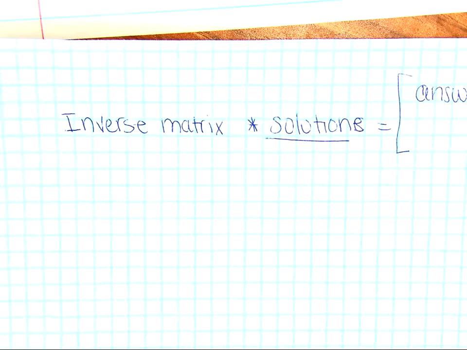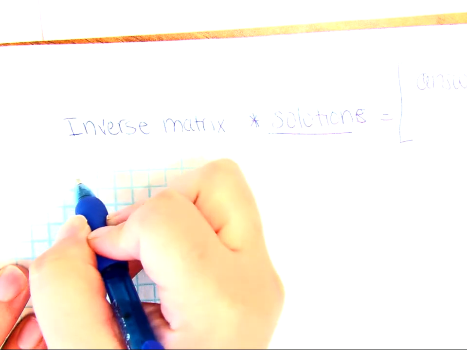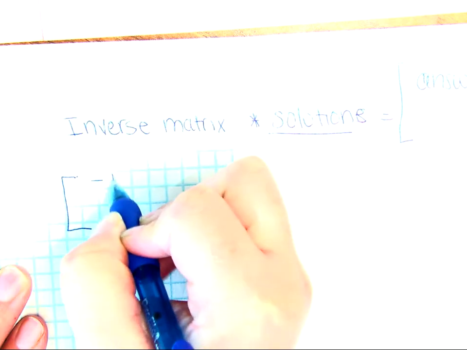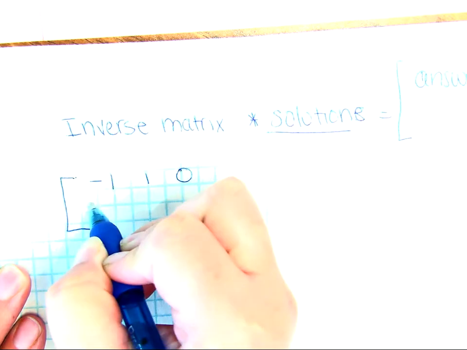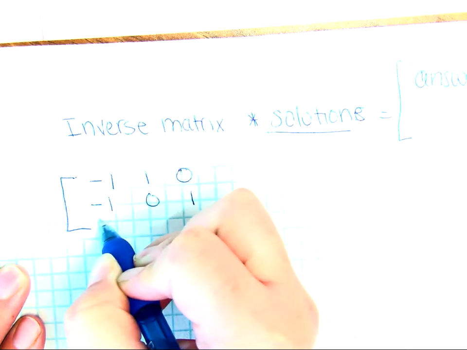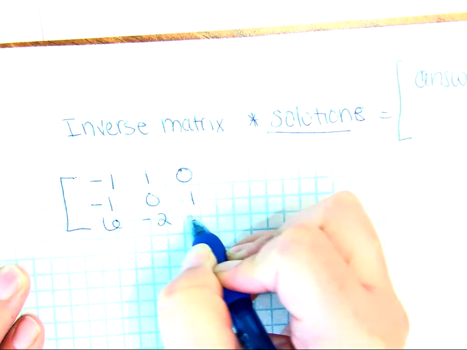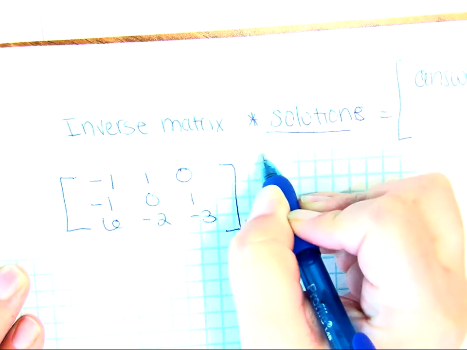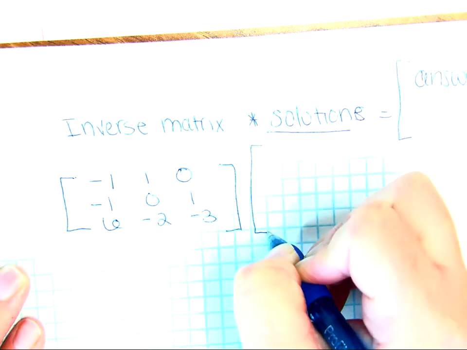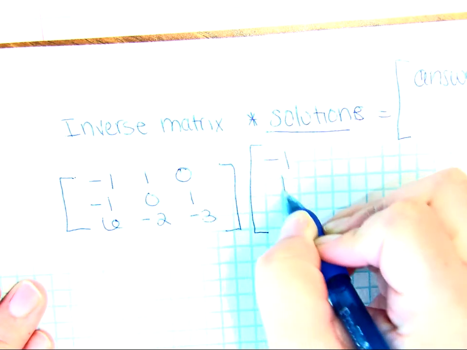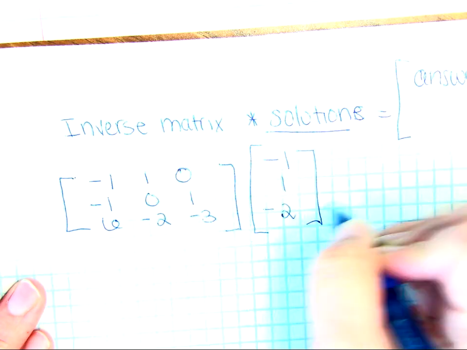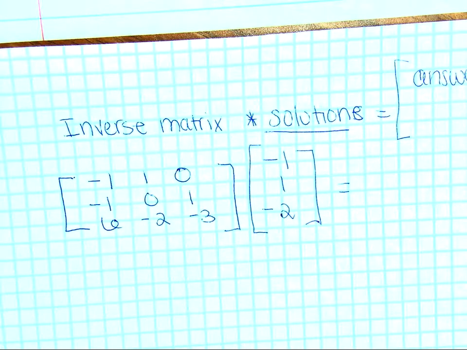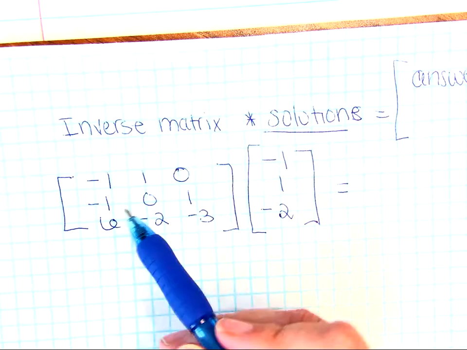So we are literally going to take our inverse matrix, which was negative 1, 1, 0, negative 1, 0, 1, 6, negative 2, negative 3, and we're going to multiply it by those solutions, which are negative 1, 1, and negative 2, and that is going to give us our answers. And if you look, this is a 3 by 3.